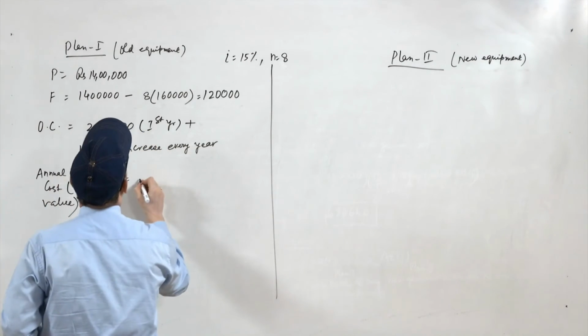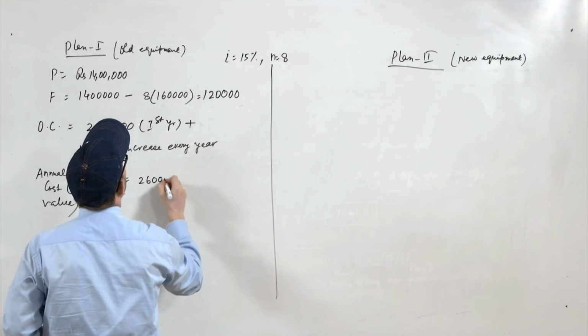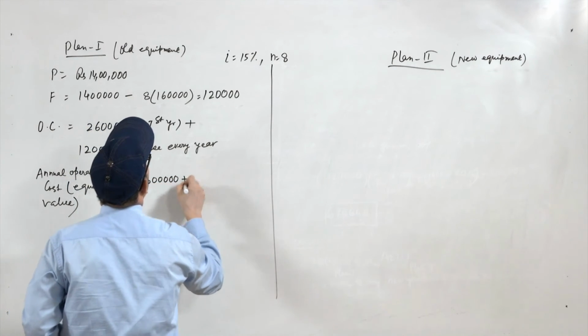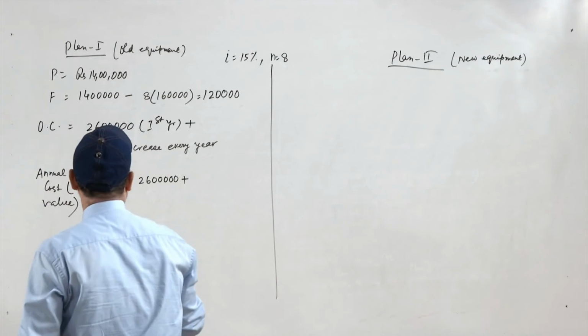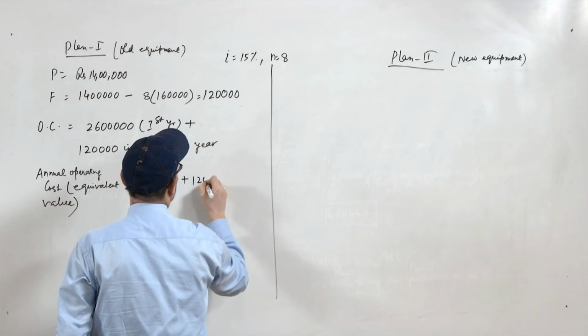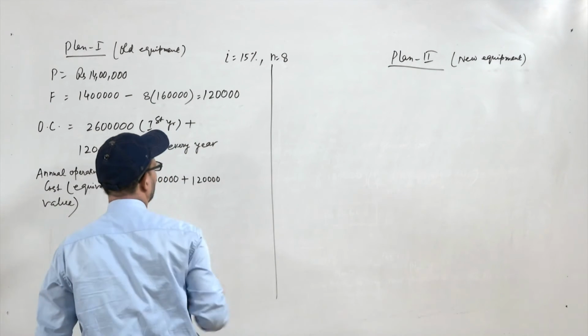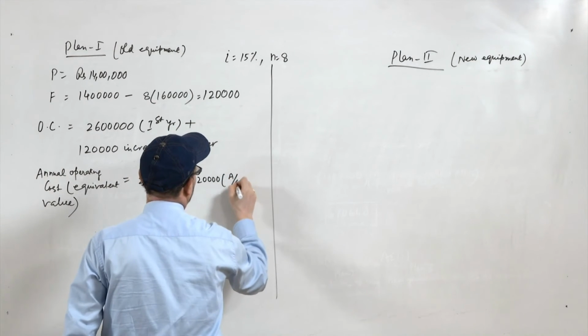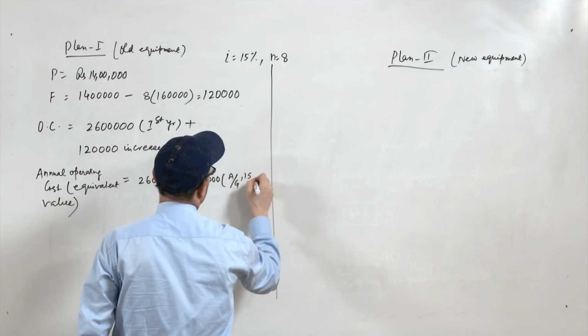So, you have 26 lakh plus this is the G, 1 lakh 20,000, times A by G 15.8.